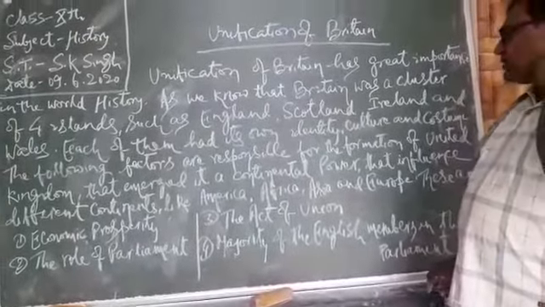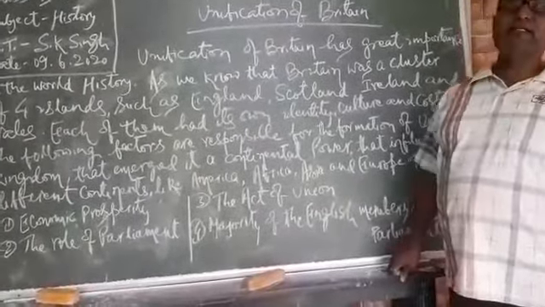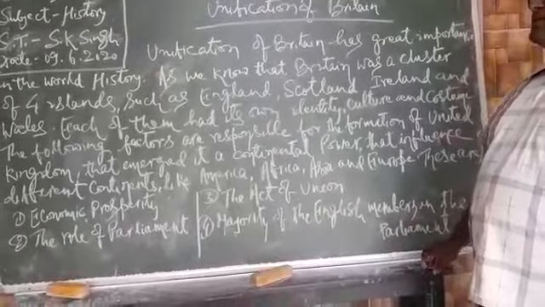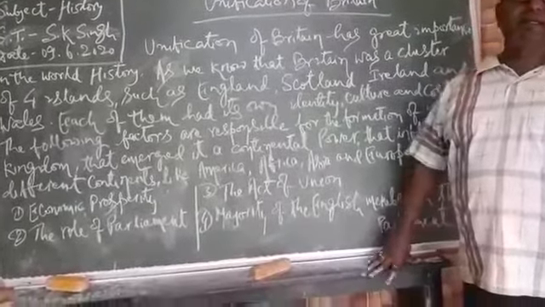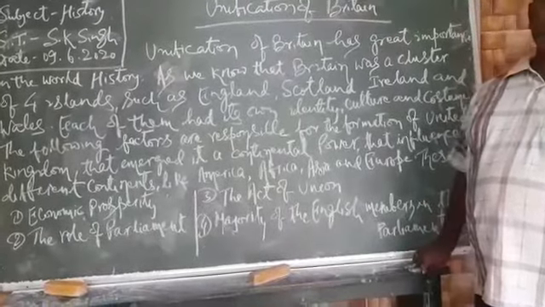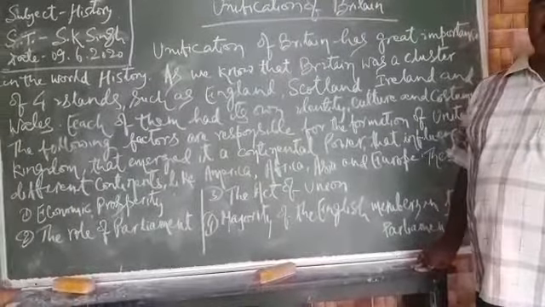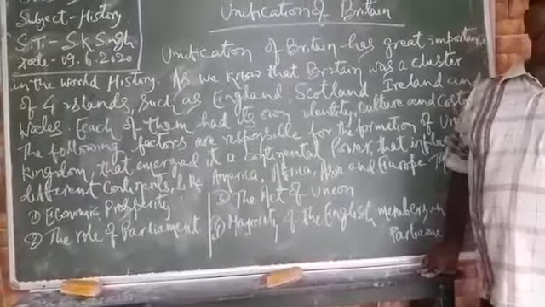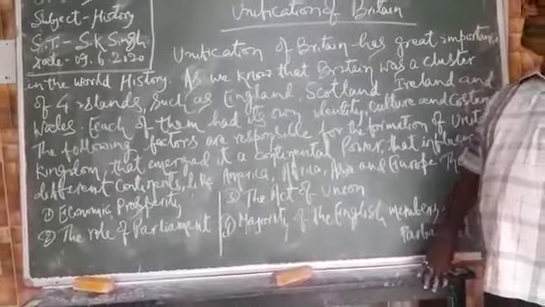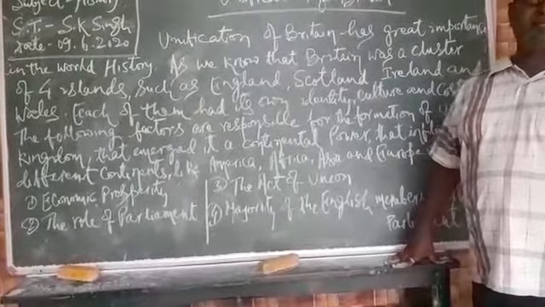Next is the Act of Union. There are two Acts of Union. One was in 1707, known as the Union Act, when Scotland was merged into Britain and Britain became the United Kingdom. There had been two sects of Christianity, Catholic and Protestant.